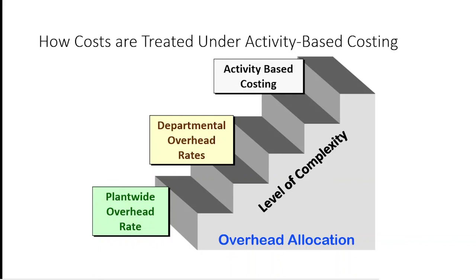The more complex overhead allocation is activity based costing, where apart from having departmental expenses, we need to determine the cost pool for each department and how the department is being used. For example, quality control would be how many products we are checking and how many minutes it takes. The cost control department may be how many products we are costing.